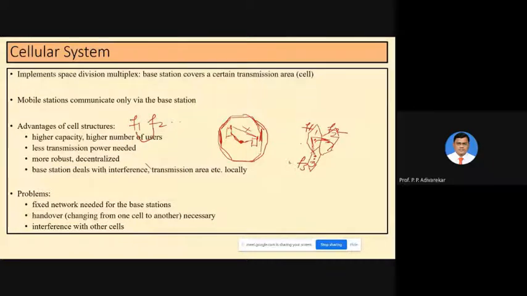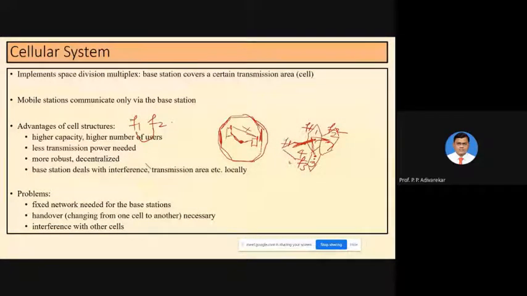Now the third problem is, what if another neighboring cell uses the same set of frequencies? Let's say one more cell, if I draw here, which is cell number 4, and if it uses f1 again, then what will happen? There will be interference between these two cells, because both are using the same frequency sets.